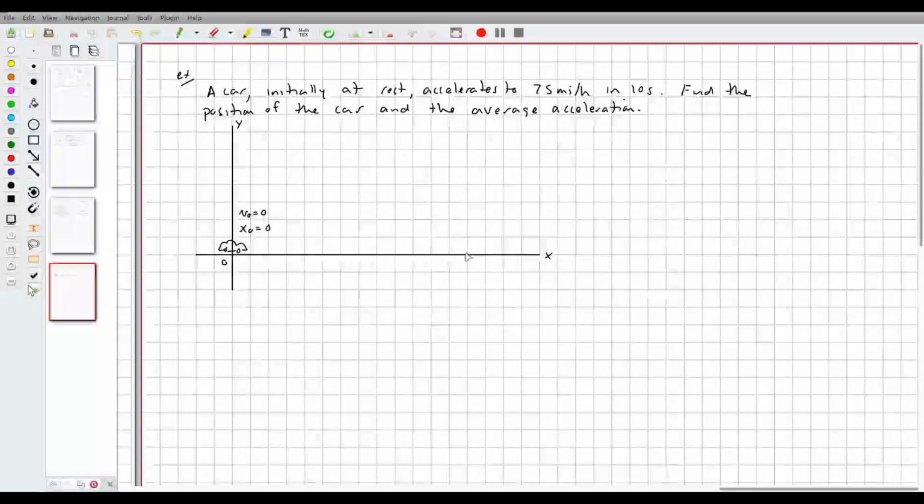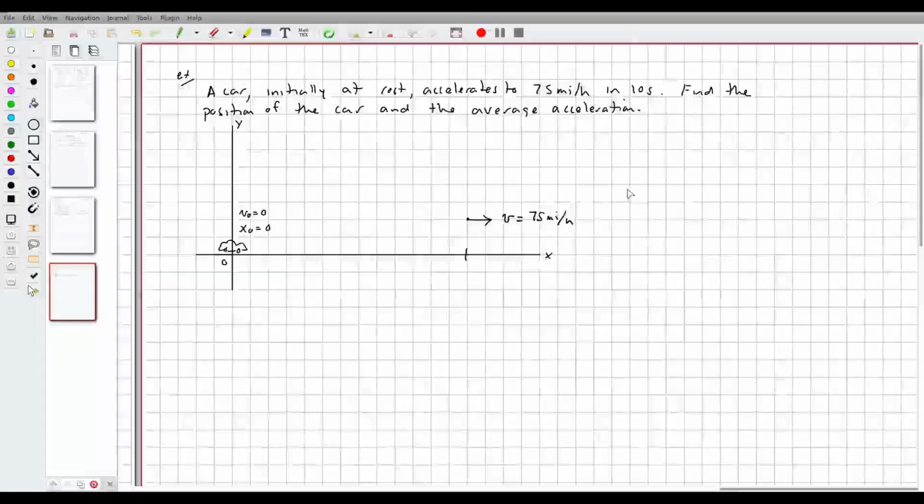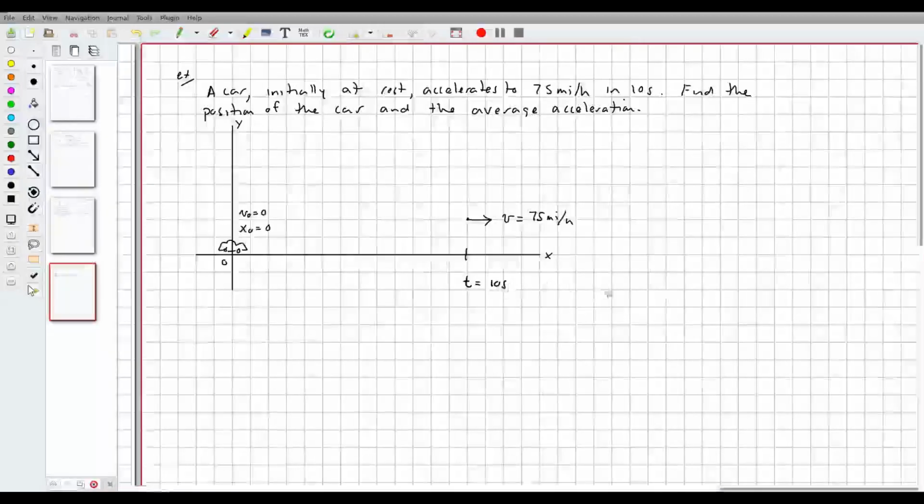So, I'm going to say it's going to move to the right. At some point over here, we're not sure where, that's one of the things we have to find. Our car is moving to the right with a velocity of 75 miles per hour. Now, we know we're going to have to convert that to meters per second, but we'll deal with that in a moment. Now, I know that's going to happen 10 seconds after it starts to move.